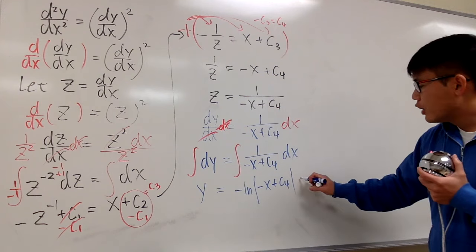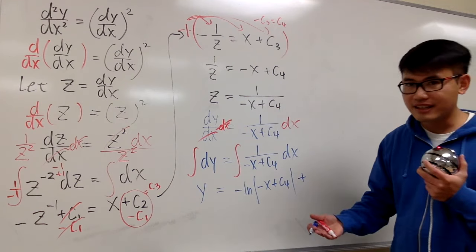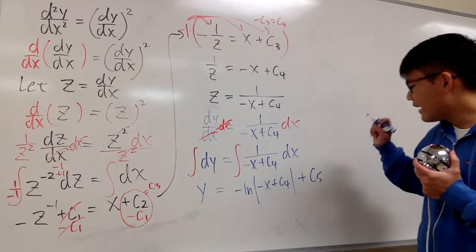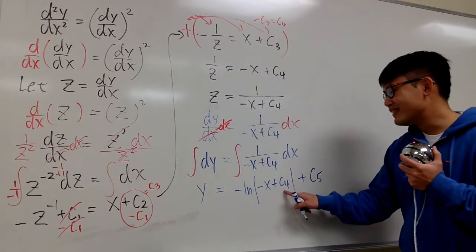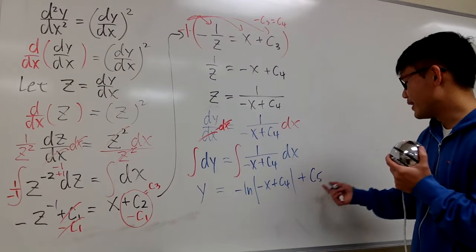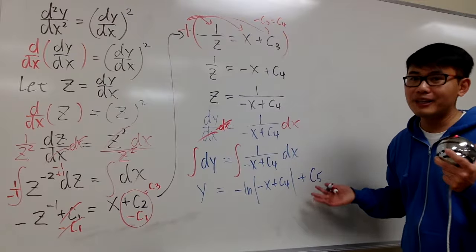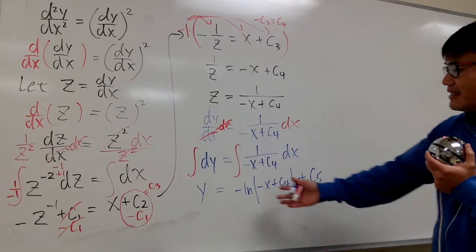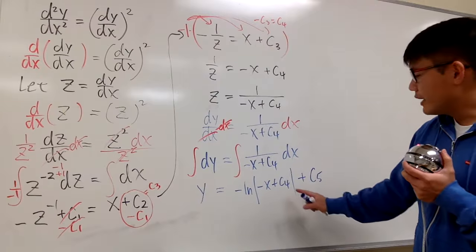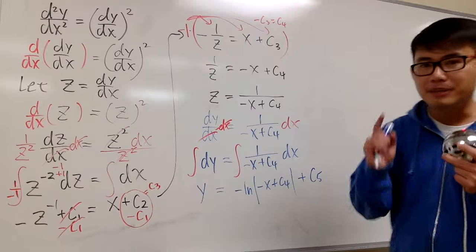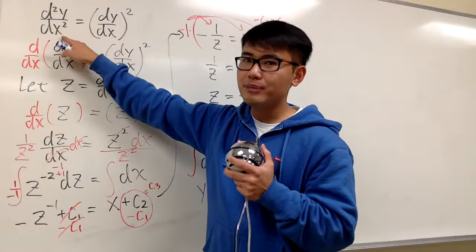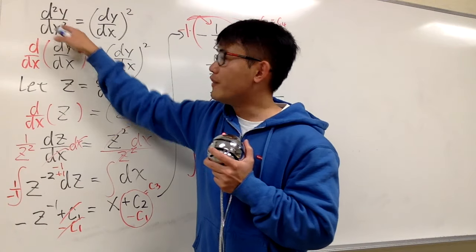And as I said earlier, we have to add another constant. Here we used the c4 already, so I will add c5. And this c4 was in the ln. This c5 is just right here, right outside of the ln. I cannot combine them anymore. And you see, this is the y right here. And in this case, we end up with two different constants. It was because originally we are dealing with a second order differential equation, with the second derivative right here.